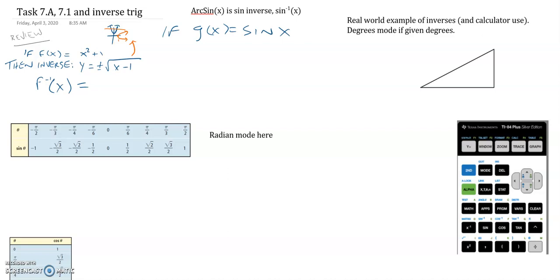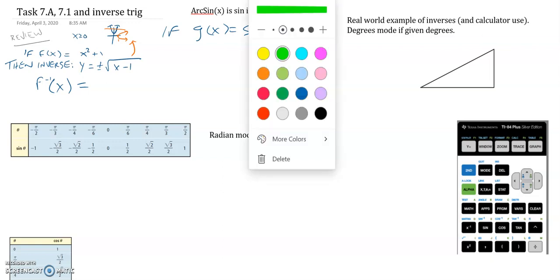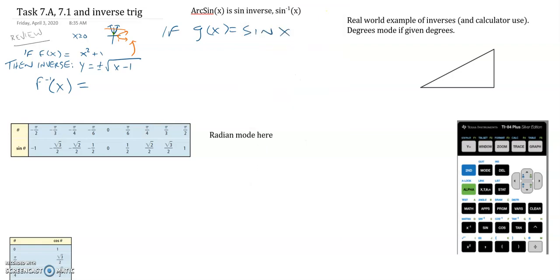Okay, so what they did with this one is they said, well, okay, let's restrict the domain. Let's take this x squared plus 1 graph and let's only use x's that are greater than or equal to 0. So for instance, it would be this part of the graph. I'm going to try to highlight it here.